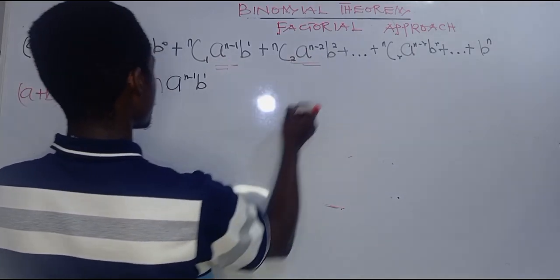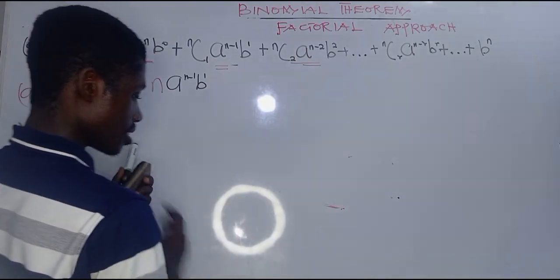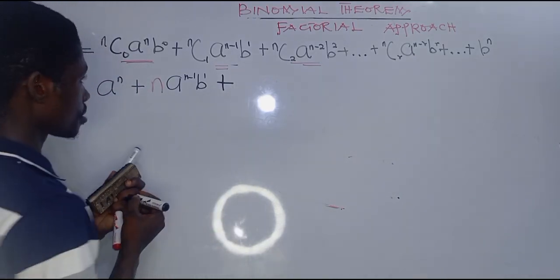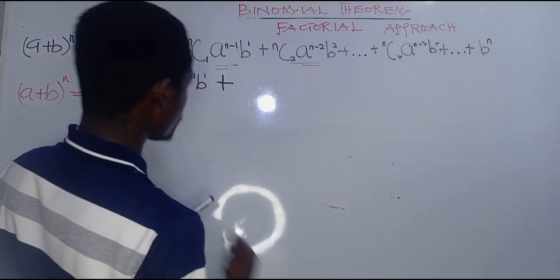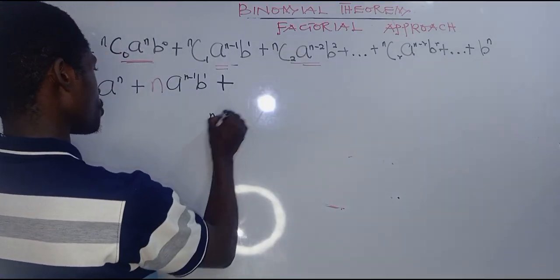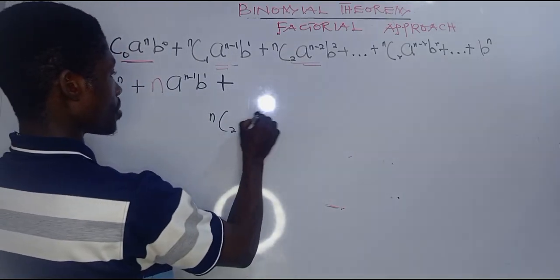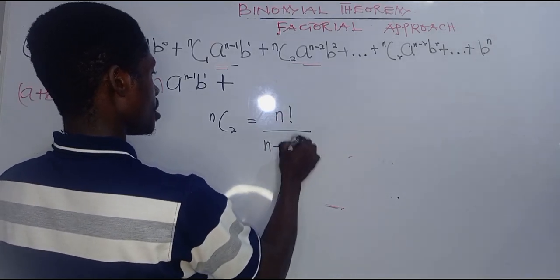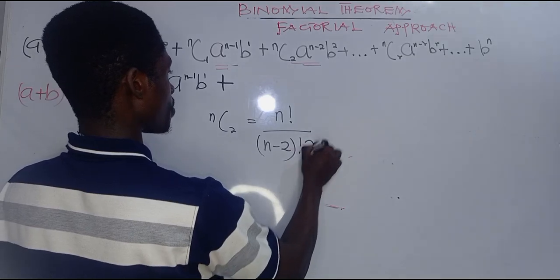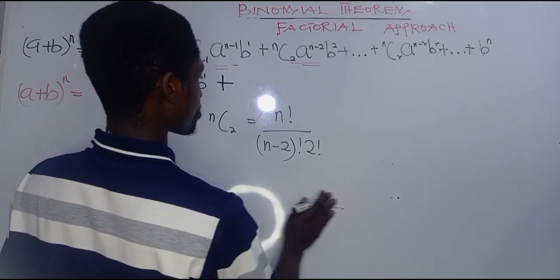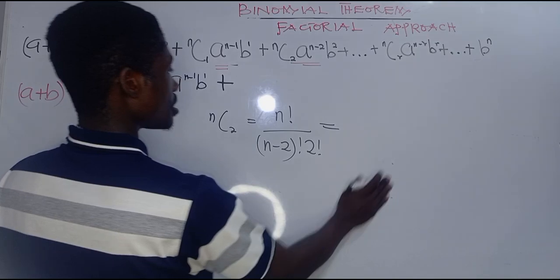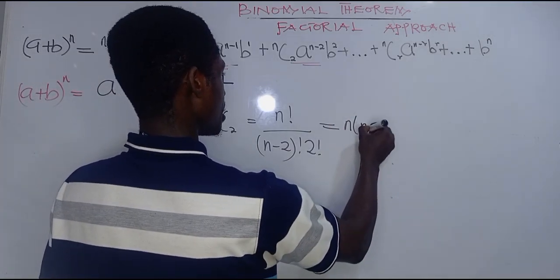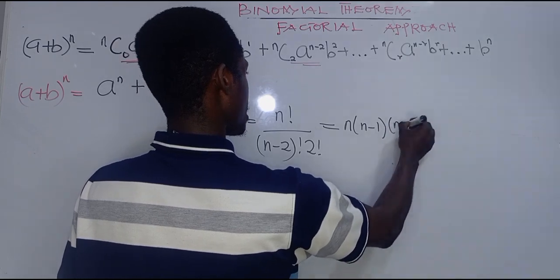Let's look at the third term. So we have our addition. So we have n combination 2. You know that n combination 2 gives us n factorial over (n minus 2) factorial, and then what again? 2 factorial. Now we know that n factorial can be written as n times (n minus 1) times (n minus 2).